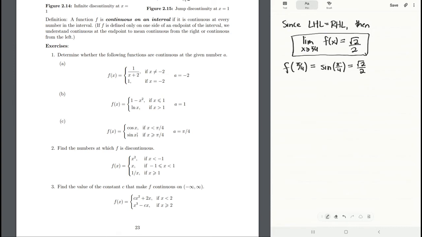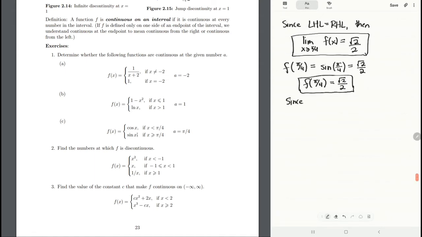And now the last step is to check that the two-sided limit as x approaches pi over 4 is equal to the function value at pi over 4. So we see that the two-sided limit is root 2 over 2, and the function at pi over 4 is also equal to root 2 over 2.